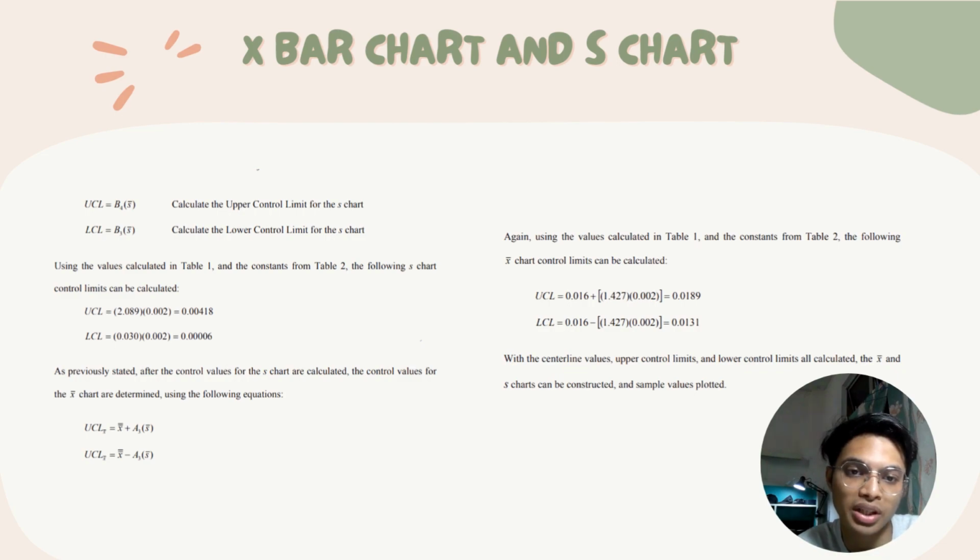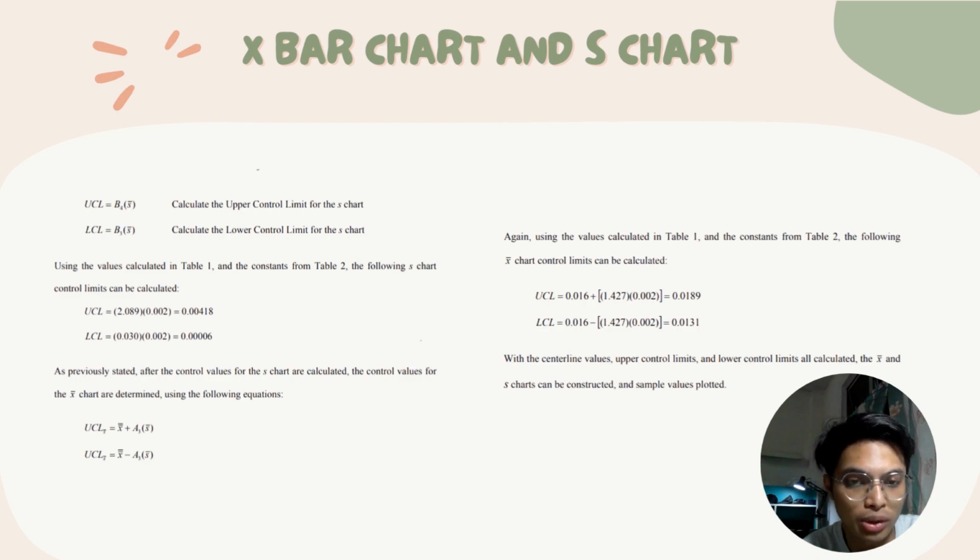Again, using the values calculated in table 1 and the constants in table 2, the following X bar chart control limits can be calculated, which is UCL equal to 0.016 plus, in the bracket, 1.47 multiplied by 0.02, we get 0.0189 for the upper control limit.